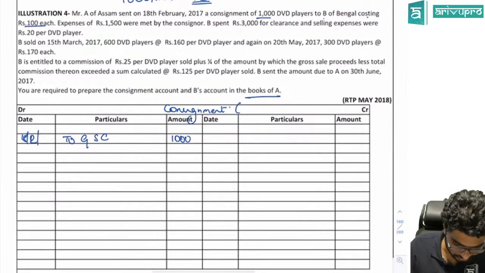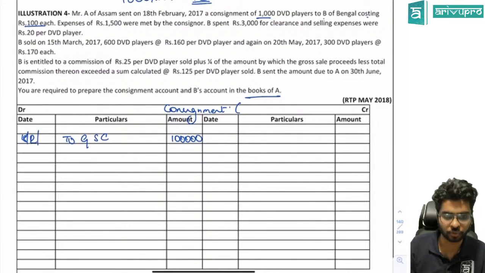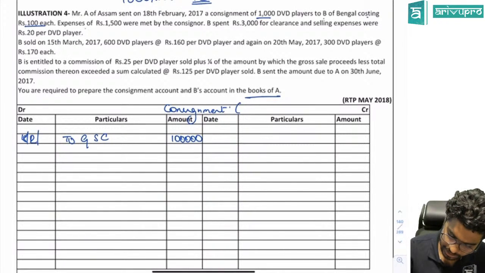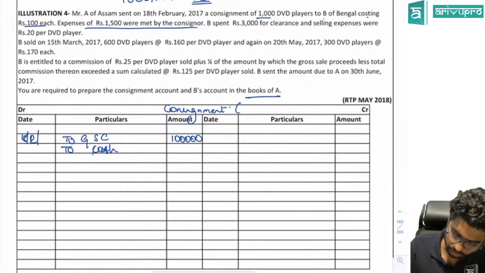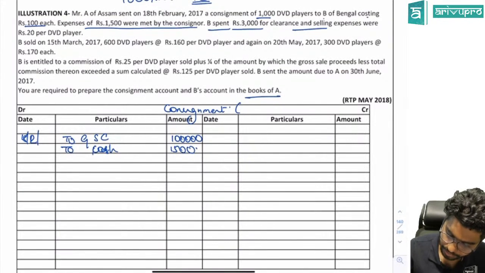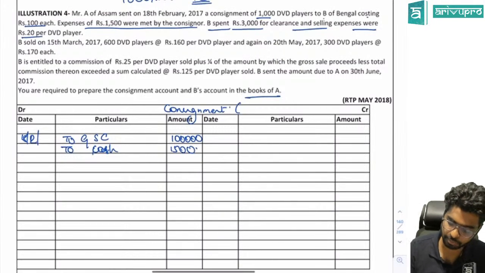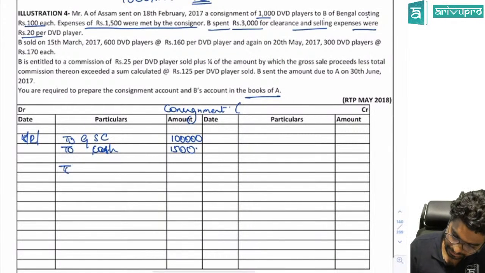Guys, I'm just writing it in short form so that we do more questions. Expenses of B were met by the consignor. Consignor is Mr. A. So to cash account, B spent 3,000 for clearance, and selling expenses were 20 per DVD player. So first thing I'll write to B clearance expense 3,000.